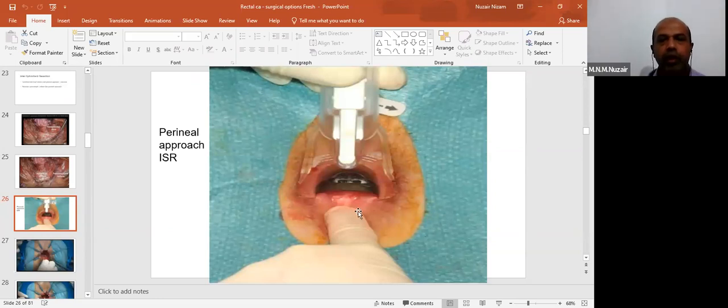So if you are doing the perineal approach, you might remember how we do the lateral internal sphincterotomy. You can put an anal retractor and feel the intersphincteric space between the internal sphincter and external sphincter, and then make an incision here and enter the intersphincteric space.